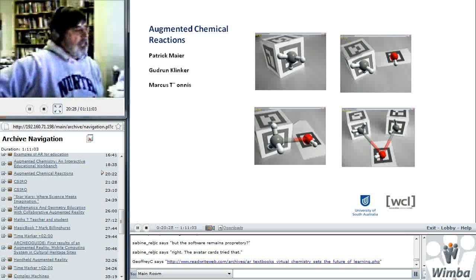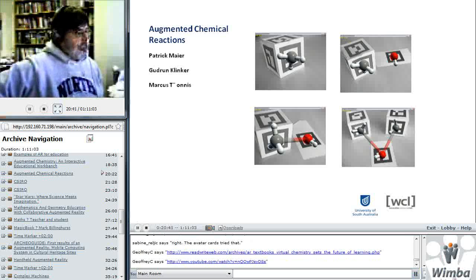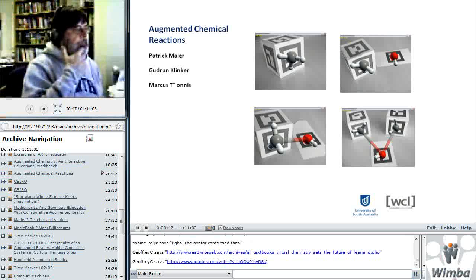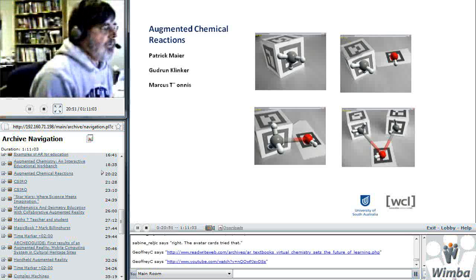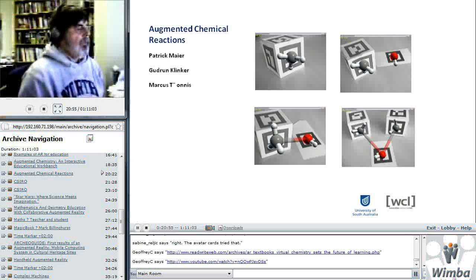So this is another chemistry project. This one was actually geared to university students. The previous one I think was more geared towards high school students. And once again, it's to get students to understand the interaction between the different molecules. I tried to put the names of the project and the author's name so you can at least chase them down in Google Scholar.